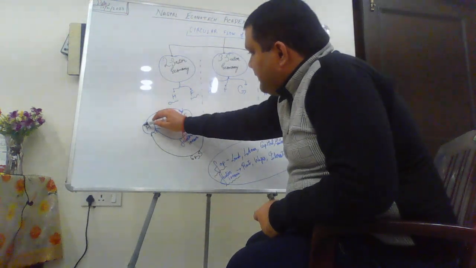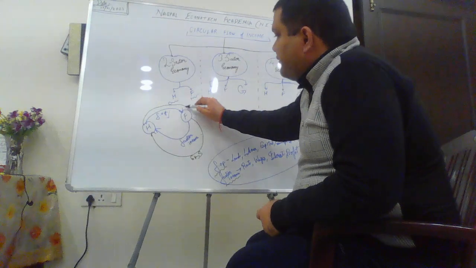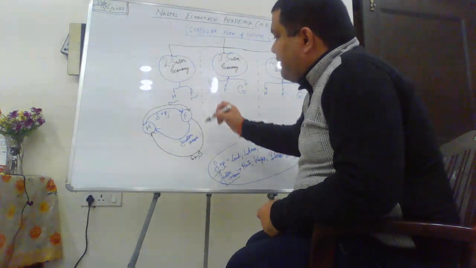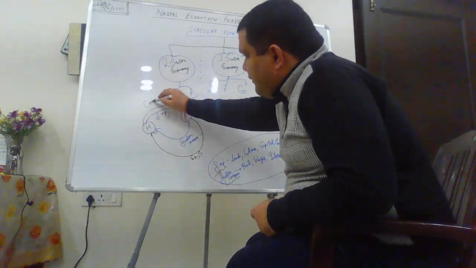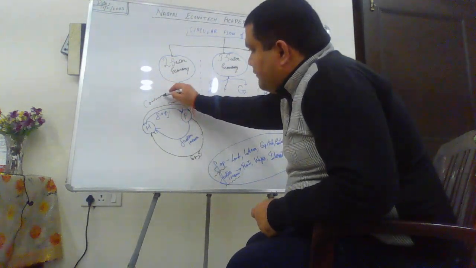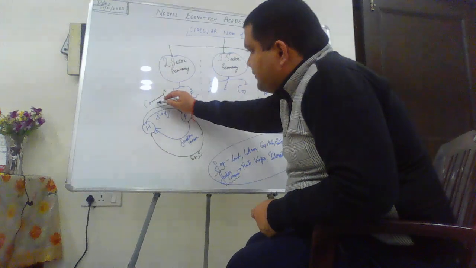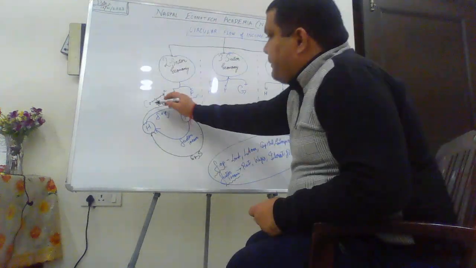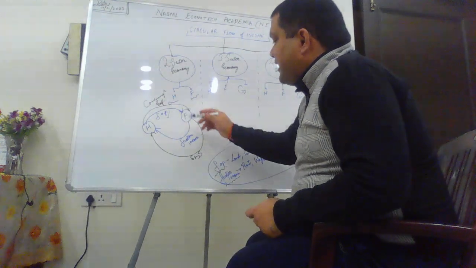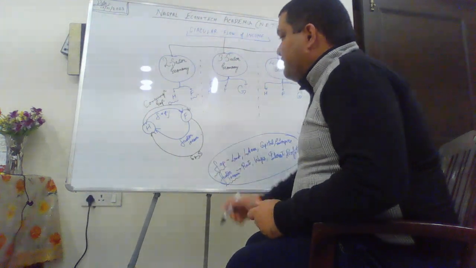And in return, the household sector has to incur the consumption expenditure for the purchase of goods and services from the firms, right? That is the price paid for the consumption of goods and services.